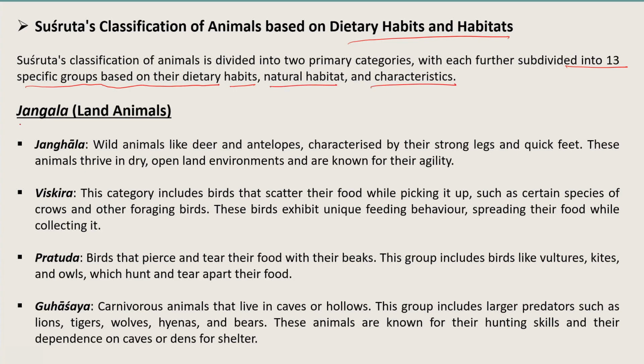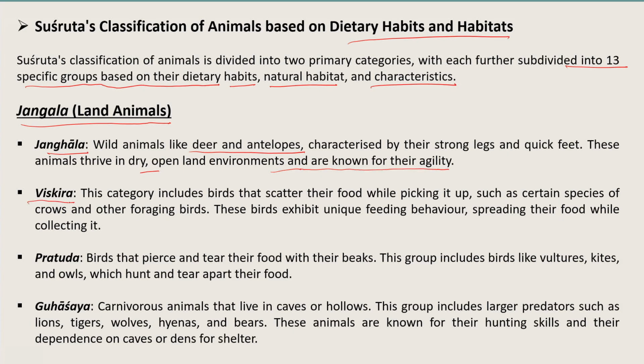So, the first one is jungle, land animals. The jungle, wild animals like deer and antelopes are characterized by their strong legs and quick feet. These animals thrive in dry, open environments and are known for their agility.